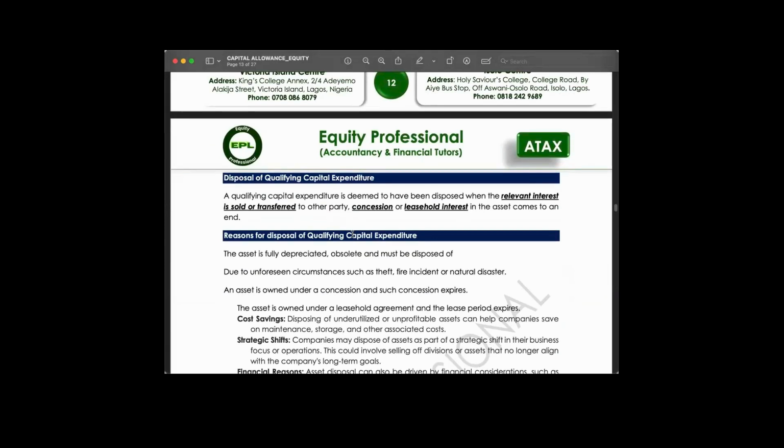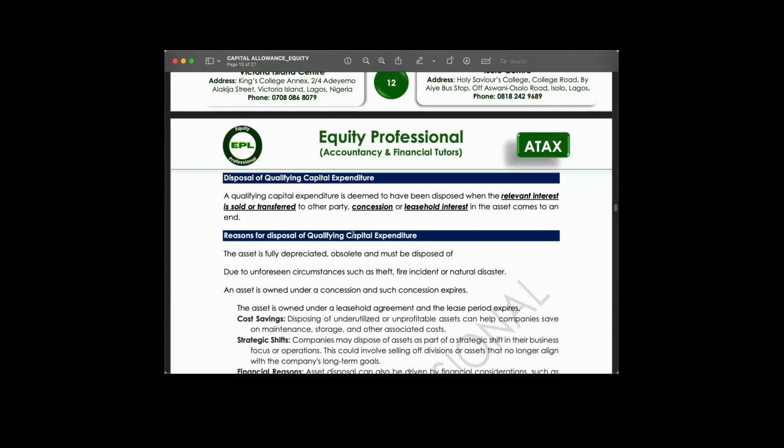You remember when I told you conditions for claiming capital allowance, I said the taxpayer must have a relevant interest in the assets. That is, you must be the owner. Now, when the relevant interest is sold or disposed, the asset is no longer yours again. It has been disposed. So you cannot claim allowance on the assets going forward.